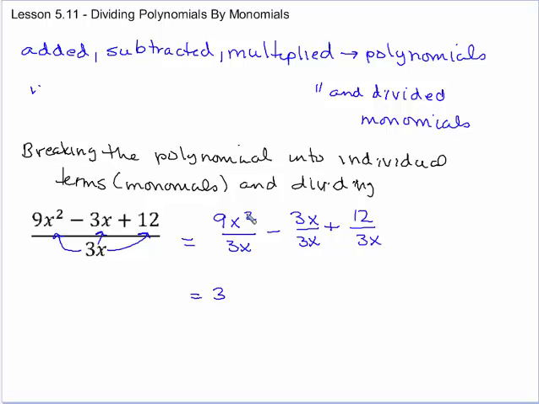X squared over x, I have 2 in the top, minus 1, so that leaves me with x. Minus 3x divided by 3x, anything divided by itself is 1, plus 12 divided by 3 gives me 4, and I have x in the denominator. If we don't divide evenly, we're going to get a fraction.